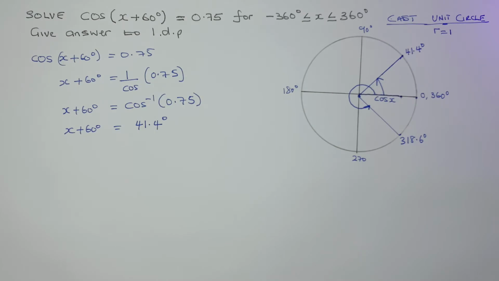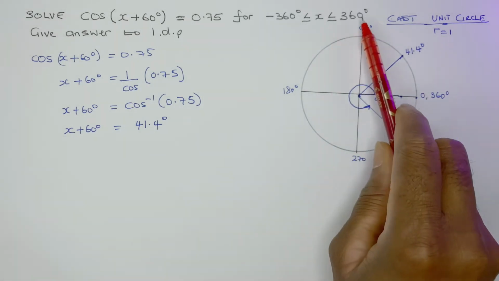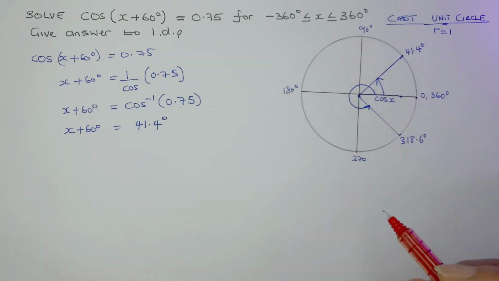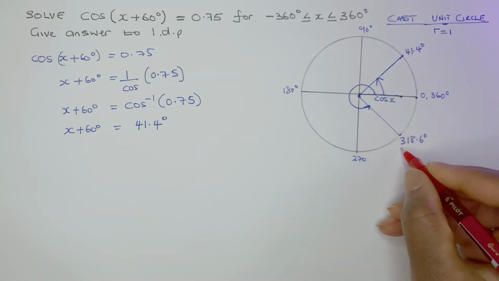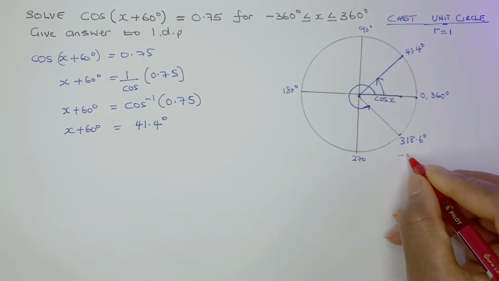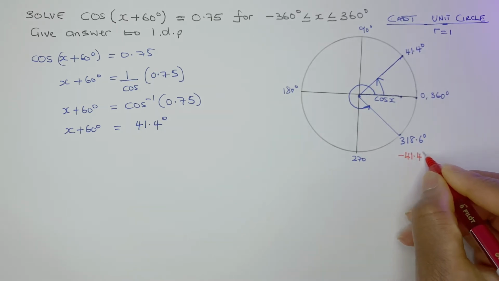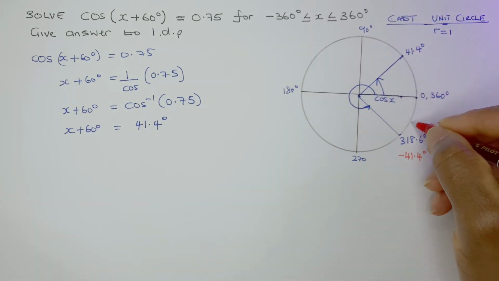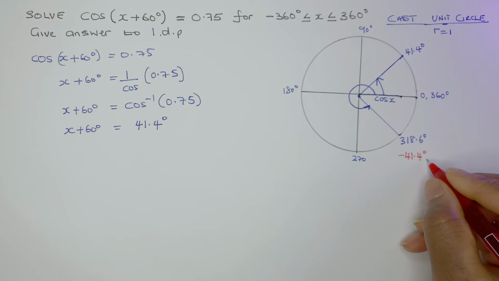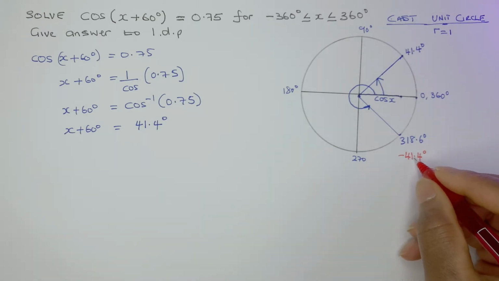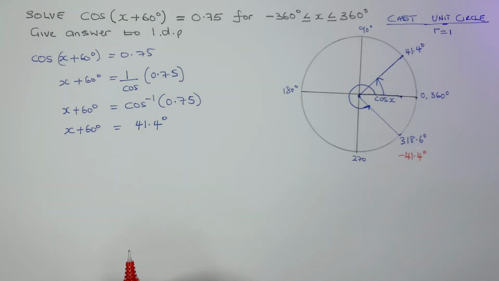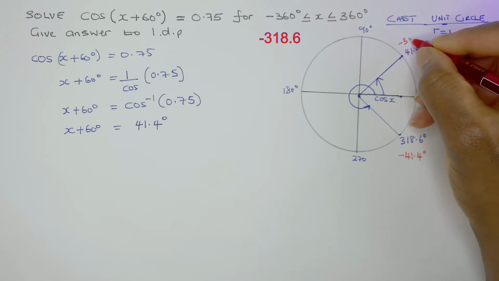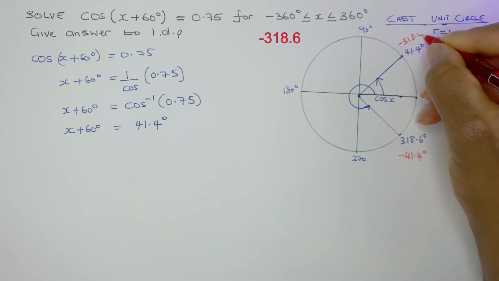So there are two scenarios here: 0 to 360 is going that way, and 0 to minus 360 is going this way. Going this way is also minus, so this is minus 41.4 degrees, and if I get to here, this will be minus 318.6 degrees.